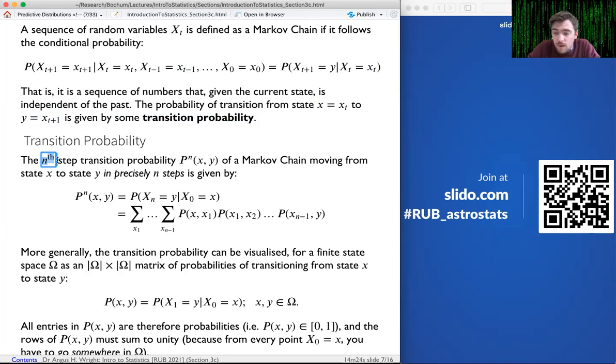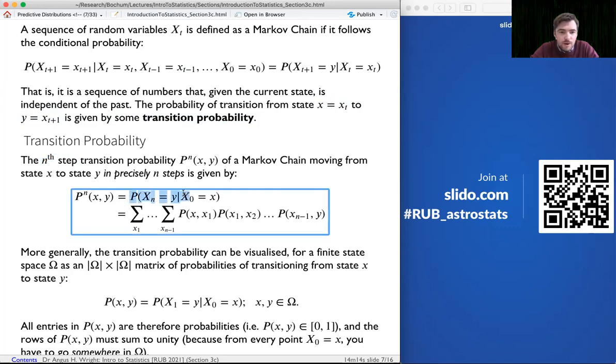The probability of making that chain of going from point x to point y in n finite steps is given by the conditional probability of y given x, which is the summation of the probability of going from x to x1, from x1 to x2, from x2 to x3, x3 to x4, x4 to x5, x5 to x6, all the way through to x n minus 1, and then the probability of going from x n minus 1 to y.